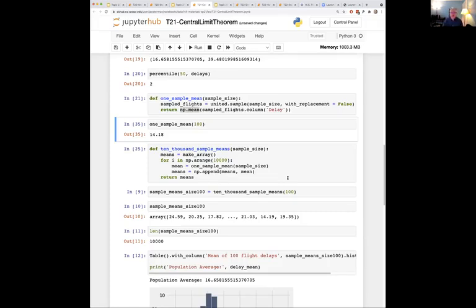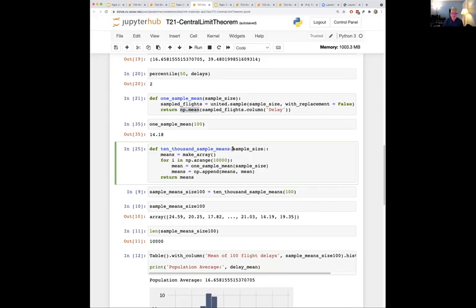So now let's create another helper function that, instead of doing it just once, does it 10,000 times, and gets a sense of the distribution of these 10,000 values. Each one of these trials is going to grab a sample from our population and compute the statistic on that.